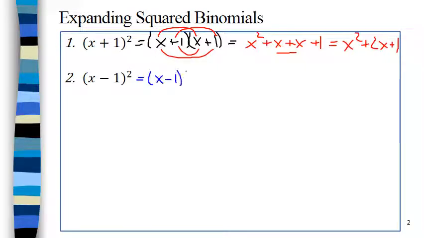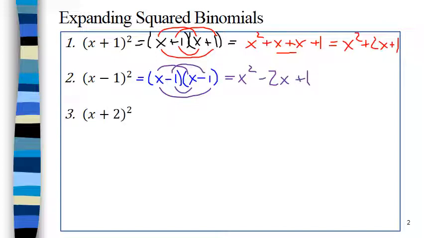When we do x minus 1 times x minus 1, we know the first term has to be x squared, because x times x is x squared. And then we notice that when we multiply the middle two terms, they're always going to be like terms when we're squaring a binomial. So we have minus 1x is minus 2x. Negative 1 times negative 1 is plus 1.